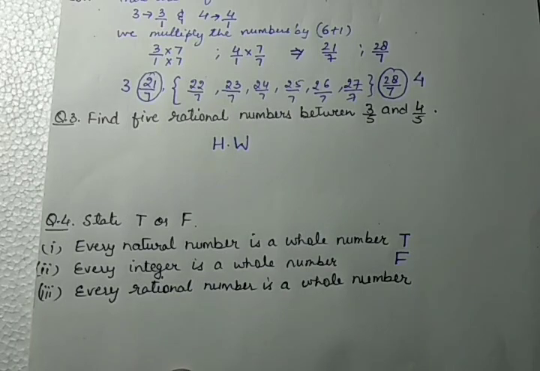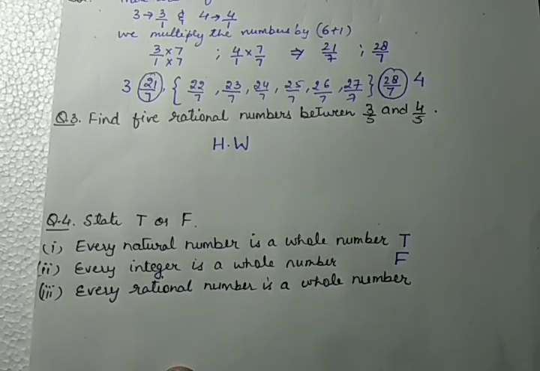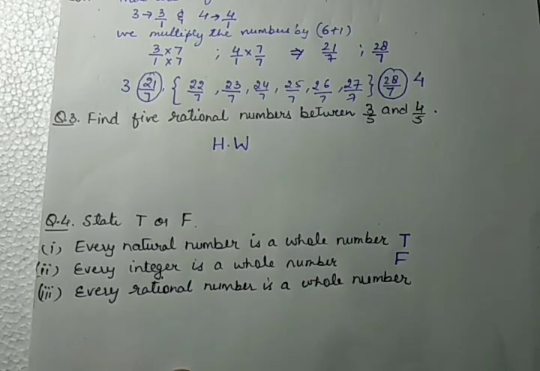So let's see the third part of this question. Every rational number is a whole number. What are rational numbers? We had already discussed this in question number 1. Rational numbers are the numbers which can be expressed in the form P upon Q, fractional form. Let's take an example, 2 by 3. Is 2 by 3 a whole number?